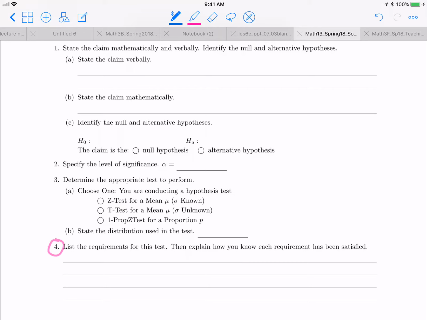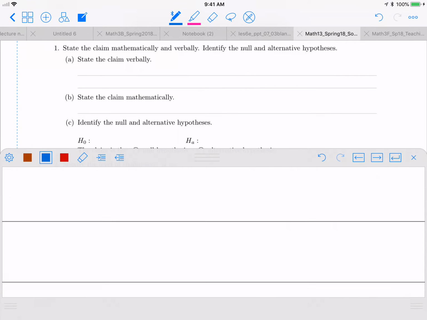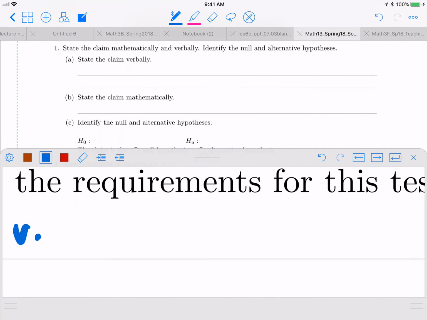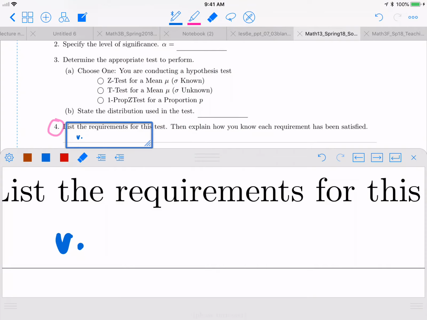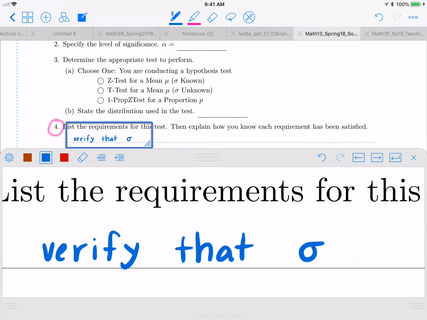We need to verify that sigma is unknown.